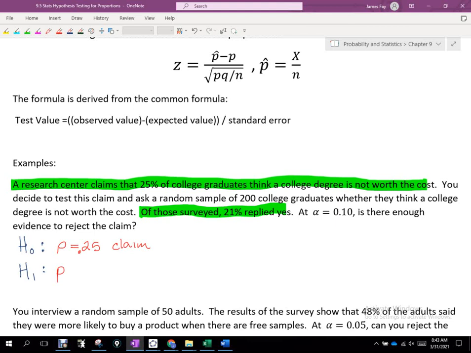At 10%, is there enough evidence to reject the claim? So when they say is not worth the cost, we're looking at that there.